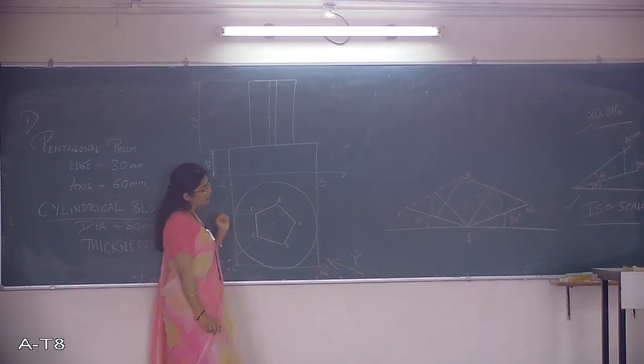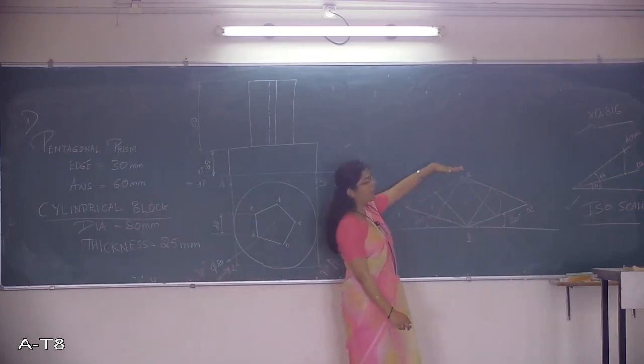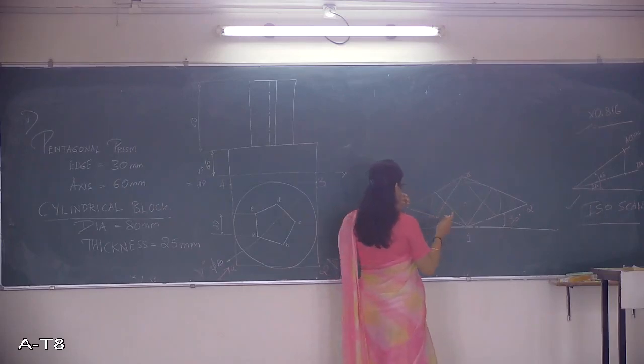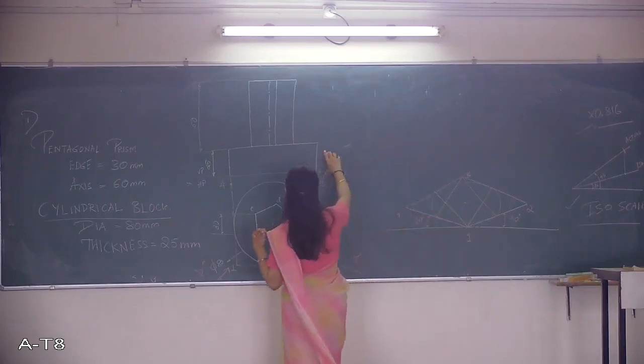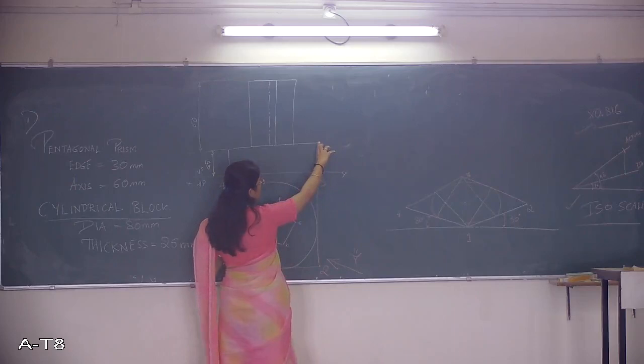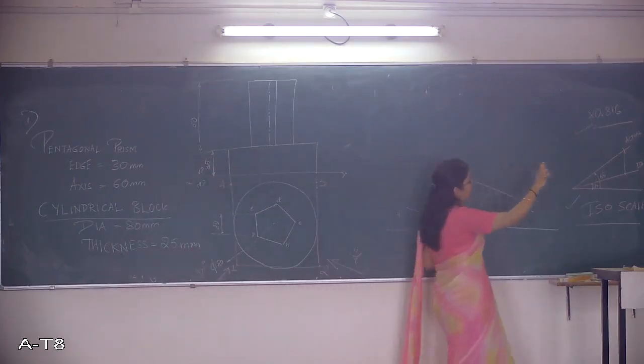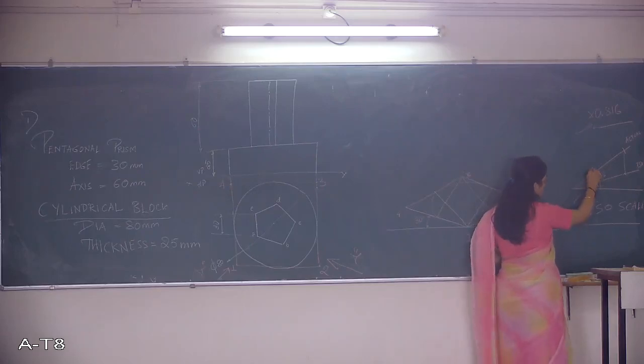So what can I do next? The same square again I have to draw on top to get the top face. I know the height of this. It is 25 mm. So take the compass, measure 25 mm, and that 25 mm should be marked on this.